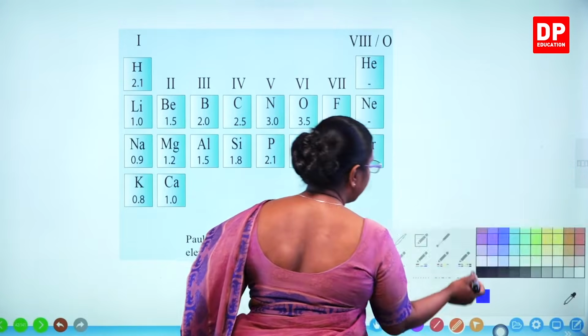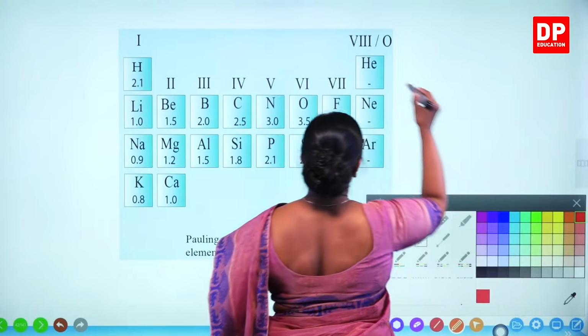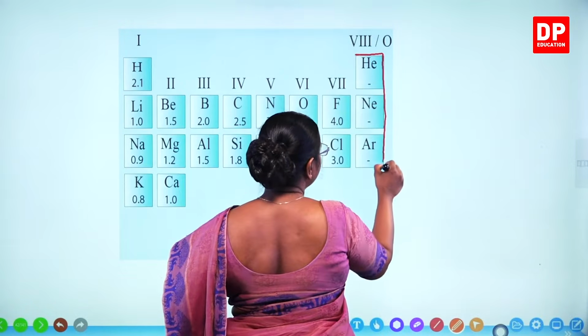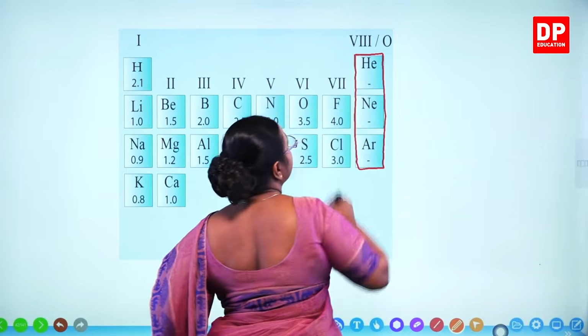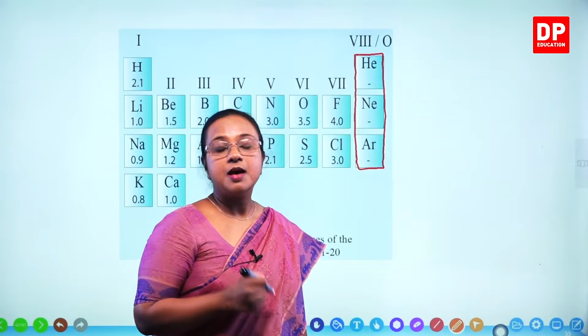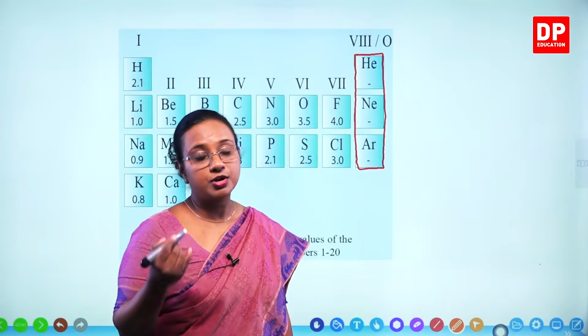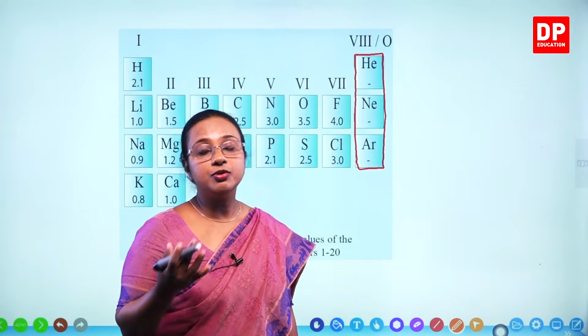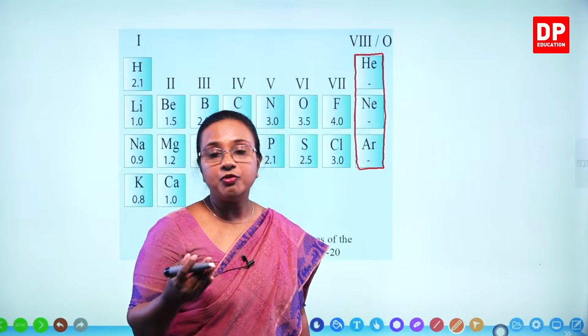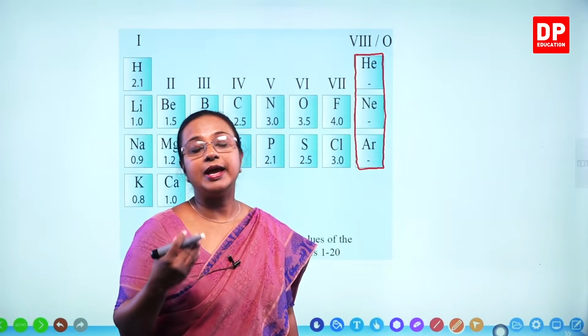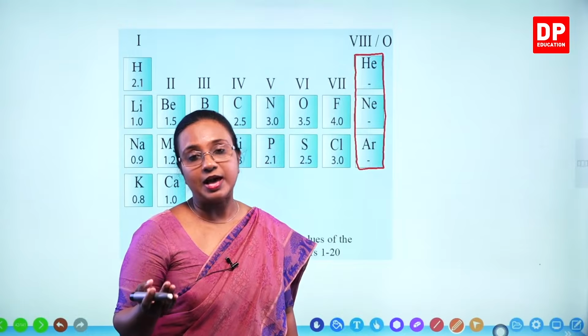So, in a periodic table, normally if we look at group 8, they are noble gases. Because they are noble gases, they are less reactive or not reactive at all. They don't form bonds. Therefore, they have no electronegativity value.